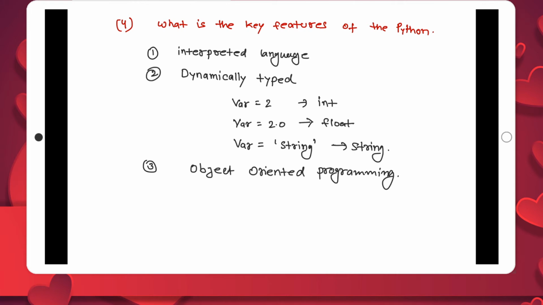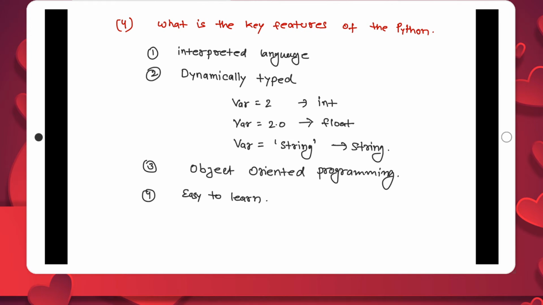All right, perfect. And apart from that, in the fourth option we can see that this is easy to learn. All right, so Python anybody can learn. Actually Python is a really very easy language. All right, so anybody can learn it.